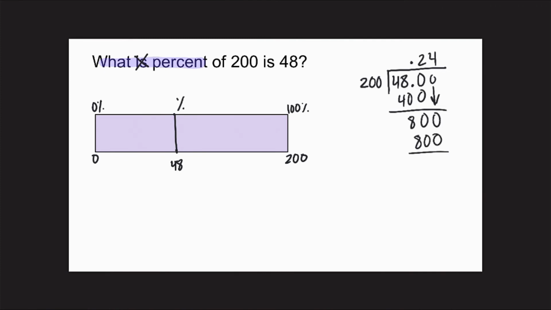So now we have our decimal, which is 0.24. If you remember, our last step is we want to find percent, not decimal. So I need to change this to a percent. Ta-da! My answer up here is 24.